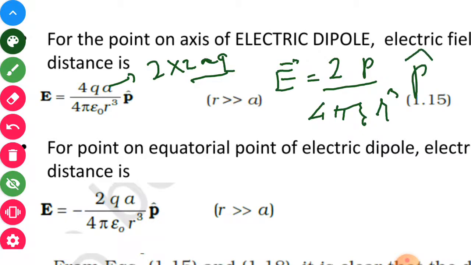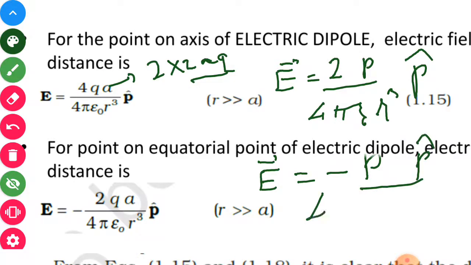Similarly, the electric field on the equator we can write as minus P, that is the dipole moment. The vector is shown by the unit vector, so no need to show it here. P, then P cap upon 4 pi epsilon 0 r cube.